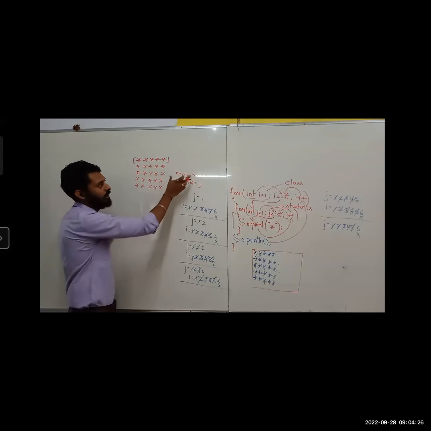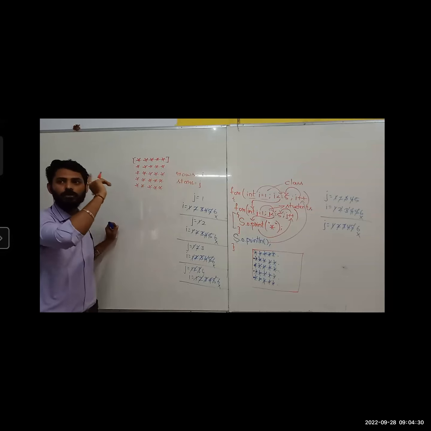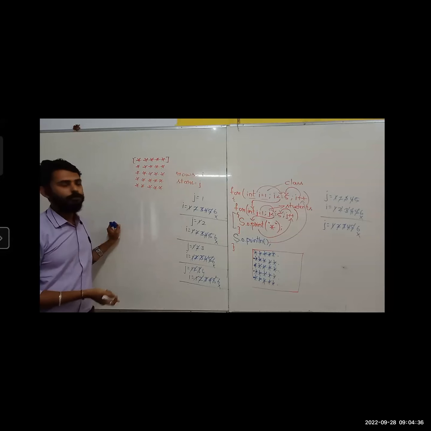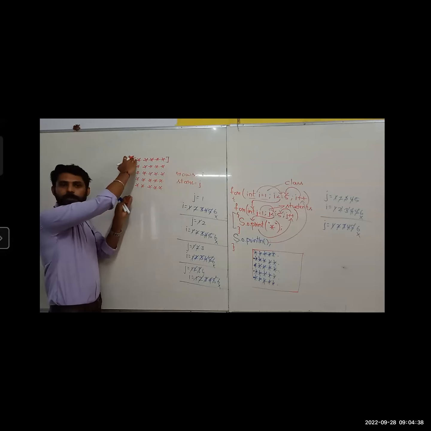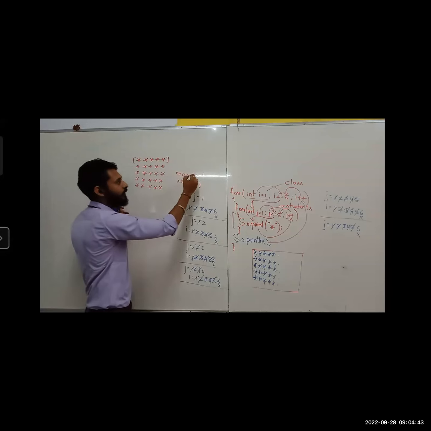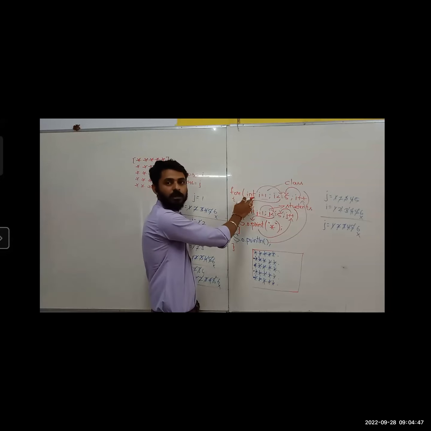Now you correlate. See, here, rows. Is it that I need only 1 row? Rows are also again and again I should choose, right? How many rows I need? 5 rows I need. Yes or no? So this loop is for selecting the rows.